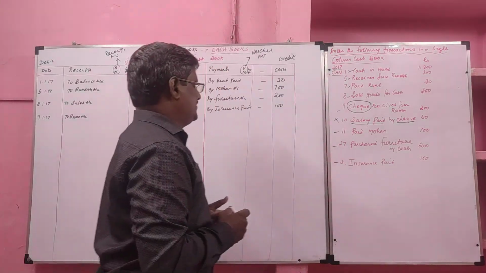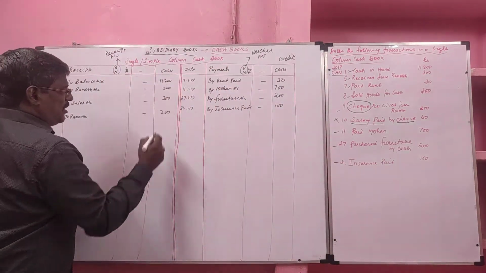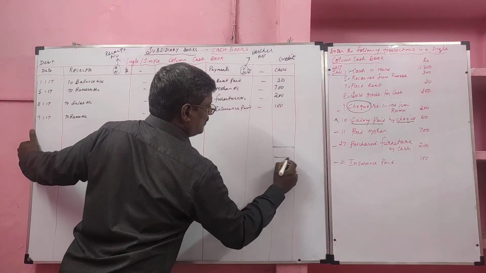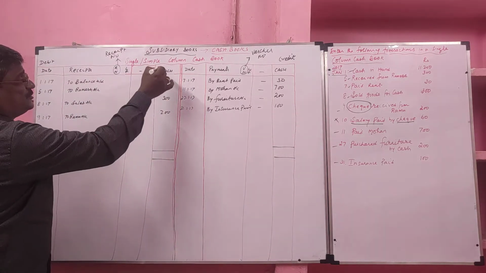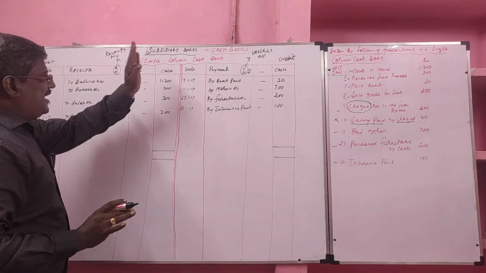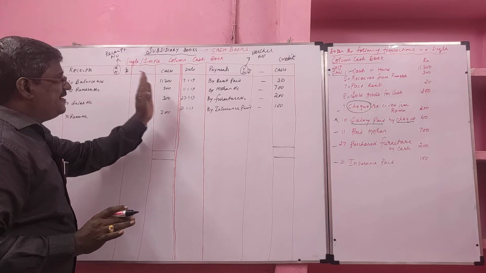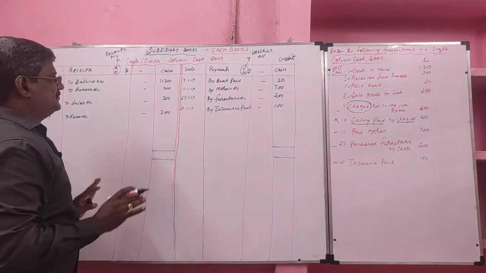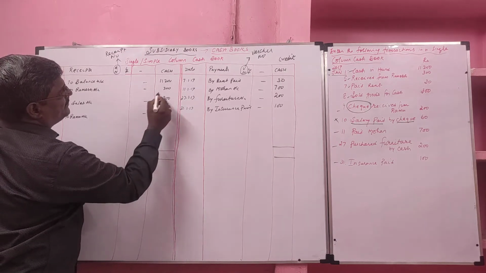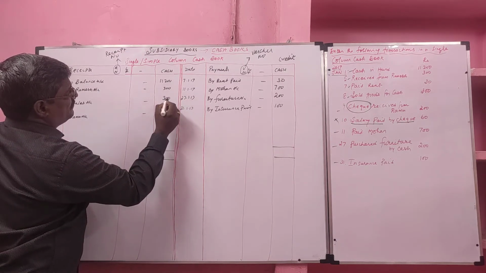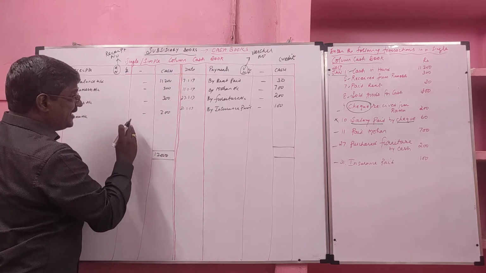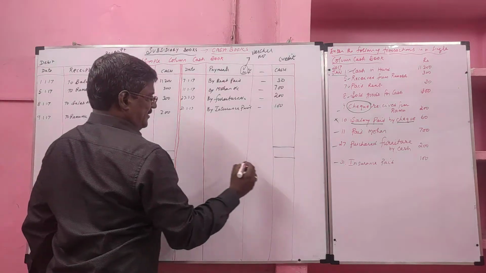Now we will balance this. In cash book, the debit side is always heavier than the credit side.